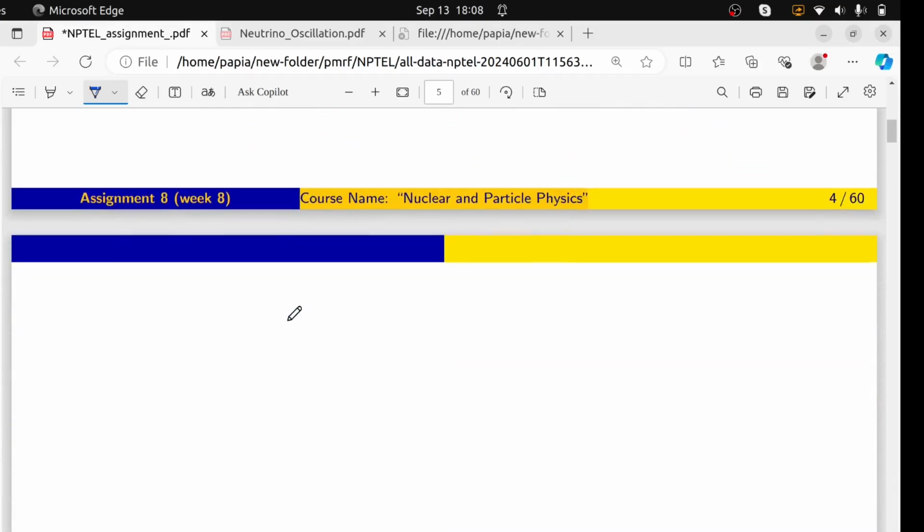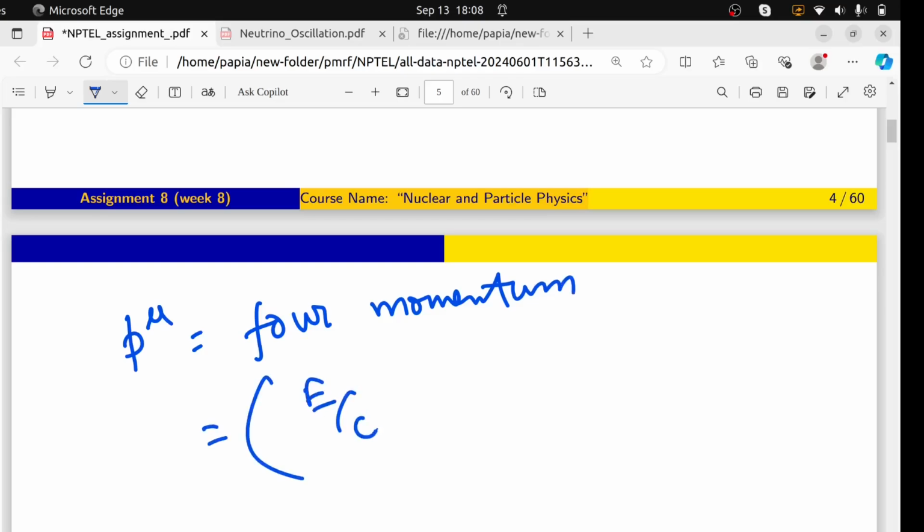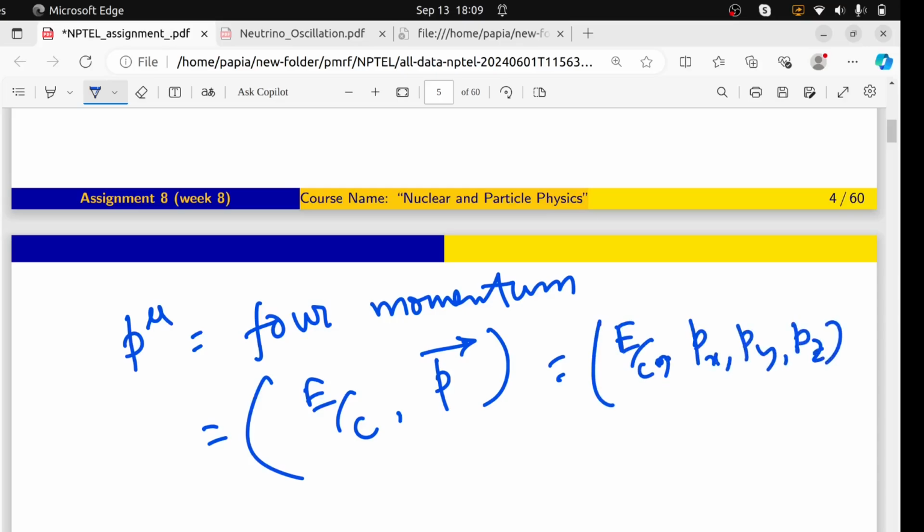So now our four-momentum P mu, this is the four-momentum. This four-momentum is nothing but E by C, this is the P0 component, and then the P vector. So that can be written as E by C, Px, Py, Pz.